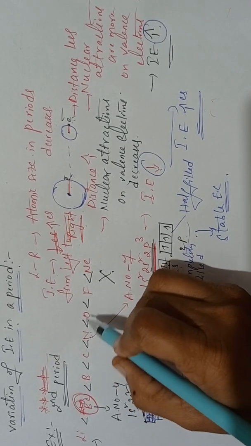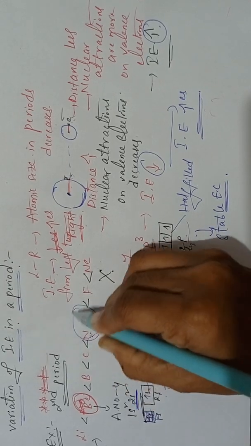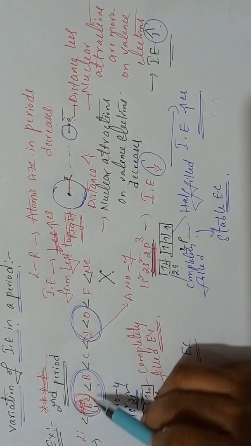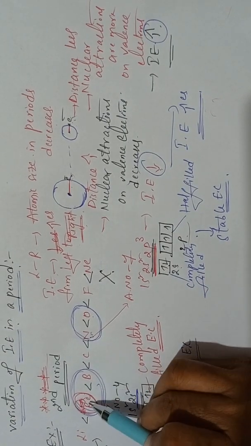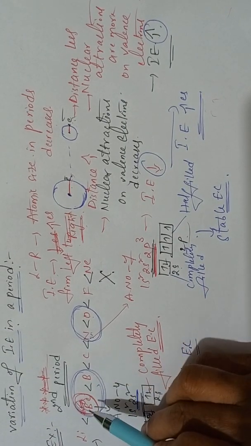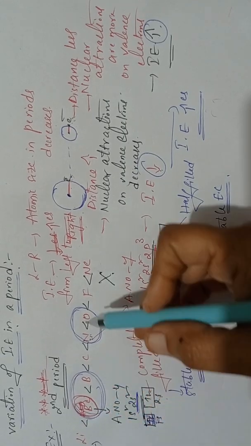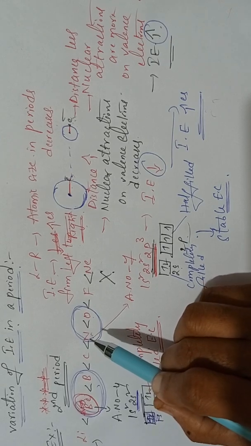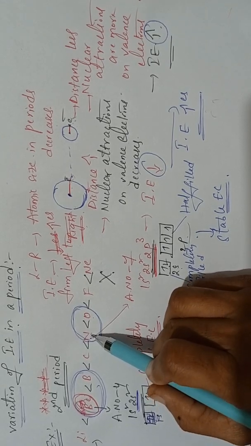You have to remember this, students. Between beryllium and boron, which has the more ionization energy? Beryllium. And between nitrogen and oxygen, which has the more ionization energy? Nitrogen.